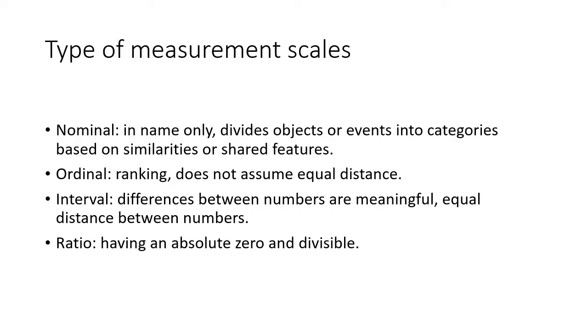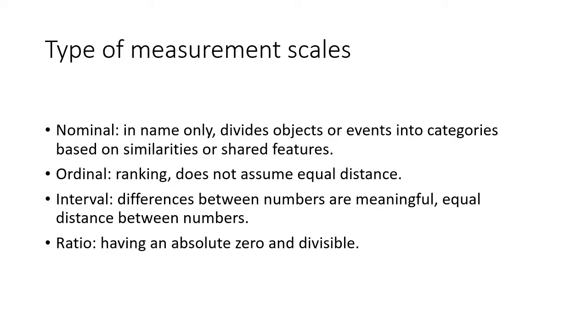What does zero mean on the Celsius scale? Zero is the temperature at which water freezes. That zero is arbitrarily set because it could be set to anything else, something like the temperature at which gold starts to melt. So that is very arbitrarily set.